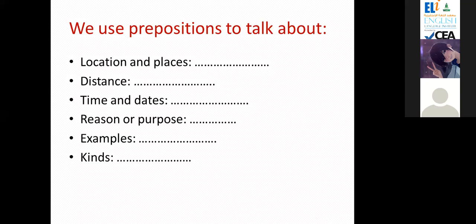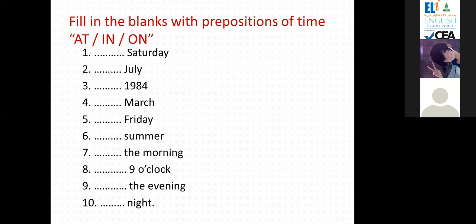Okay, so let's elaborate a bit on the prepositions of time. Let's fill in the blanks with the preposition of time. Use at, in or on. Number one, on Saturday.